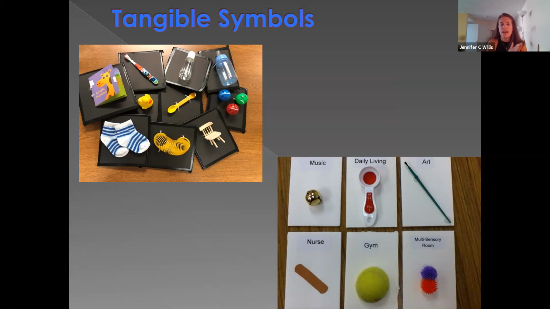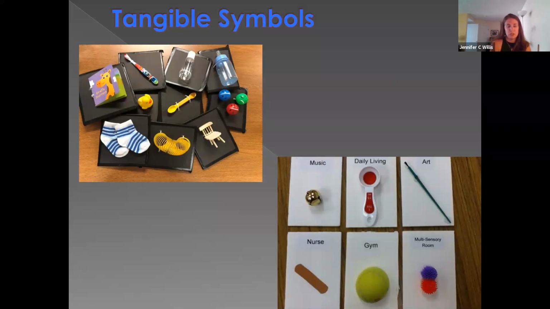So just thinking ahead of how to build those and the items that you're going to use can help you along the way to not get stuck with something that really is not going to look good in a photograph, or might not be feasible as a tangible symbol because it's too many colors or too abstract or whatever the case may be. So just think ahead.